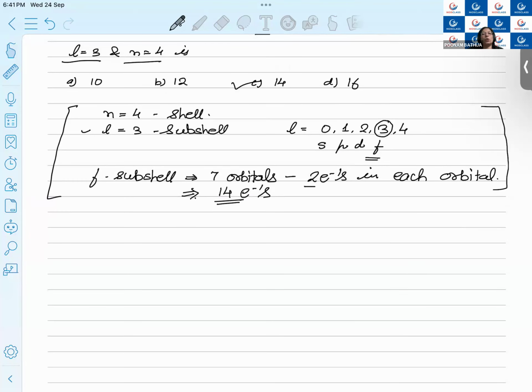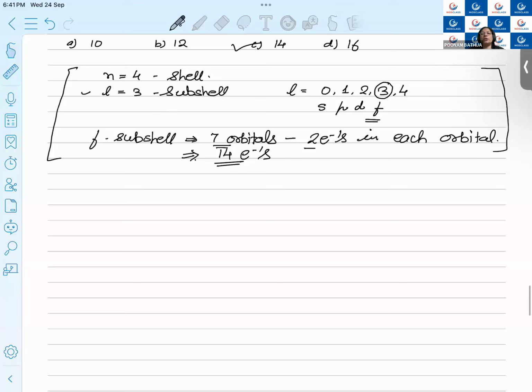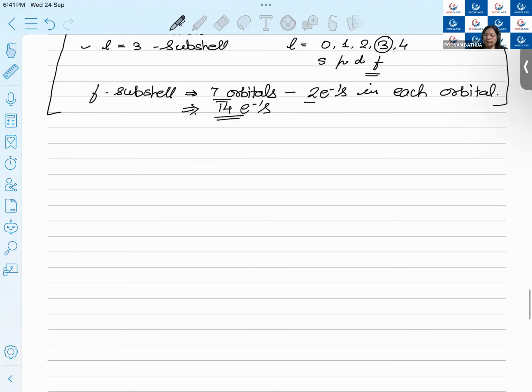In S, there is only one orbital. In P, there are three p orbitals. In D, there are 5 orbitals. In F, there are 7 orbitals. Okay? So in this manner, you will get your answer. In each orbital, maximum 2 electrons can reside. Is it clear?